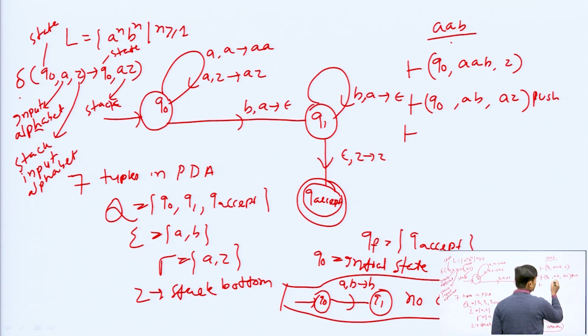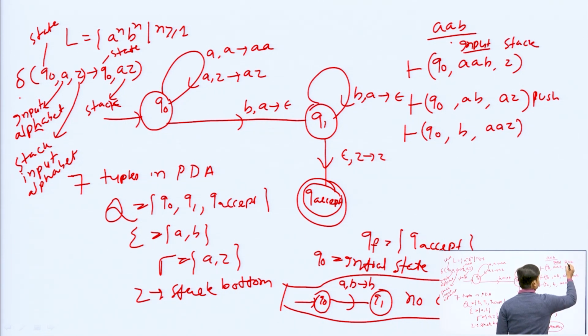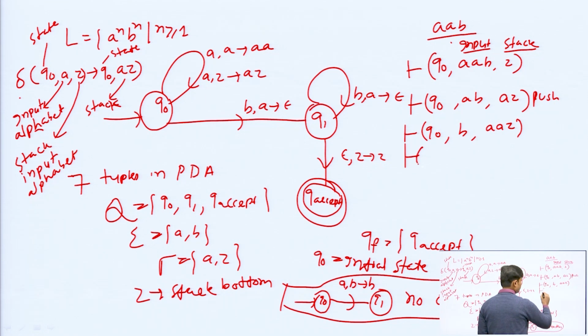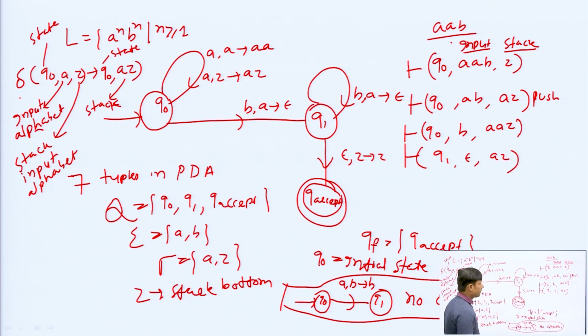Then again in Q0 the input is A and the stack top is A, so again you have to push. The input is B, and the stack is A, A, Z. Now again Q0, B. What do you have to do? Q0, B, then Q1, epsilon, A, Z. You pop one A from the stack.